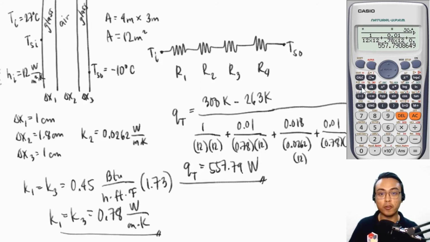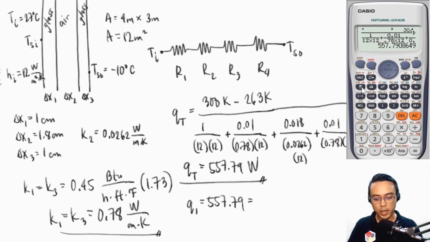For this purpose, we have to use Q1. So we write Q1, which is also equal to Q sub T, that is 557.79 watts, is equal to delta T. Our delta T for Q1 is Ti, 27, that is 300 Kelvin, minus Tsi over the resistance due to convection, that is 1 over hA, 1 over 12 times 12.